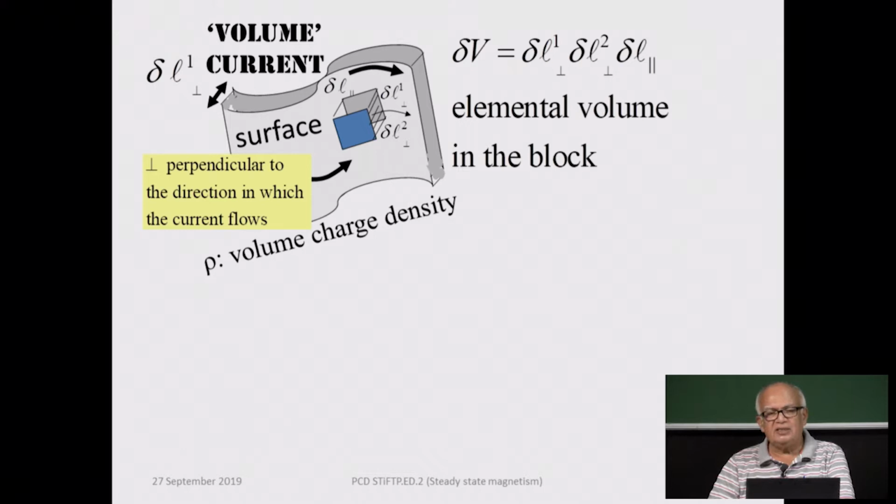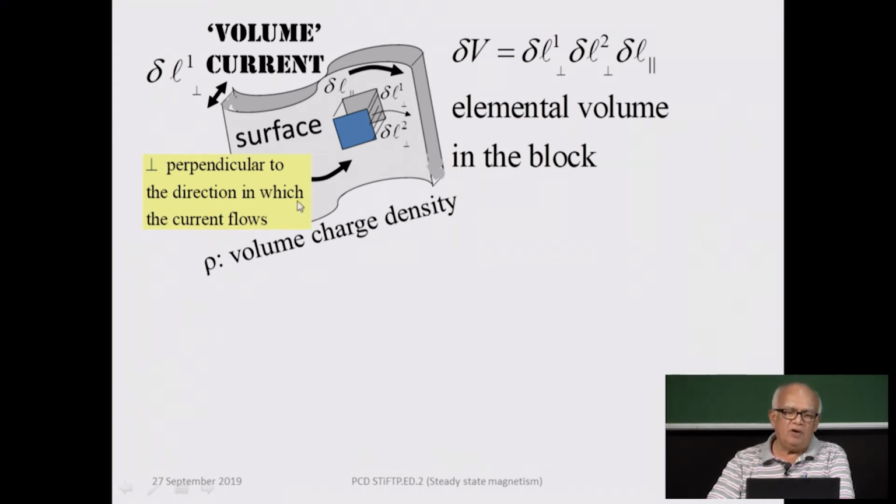So, you see these orthogonal directions. The current is along this black line, and delta L perpendicular is one direction which is orthogonal to this, and there is another direction which is also orthogonal to delta L parallel. So, there are two orthogonal directions, delta L perpendicular 1 and delta L perpendicular 2. I have indicated these two by superscripts 1 and 2, okay.